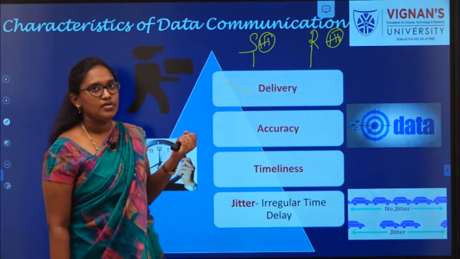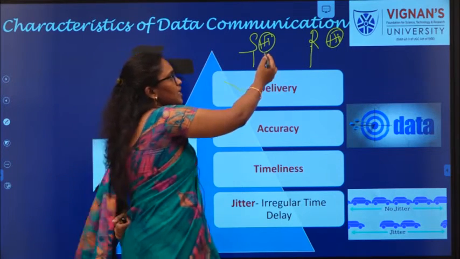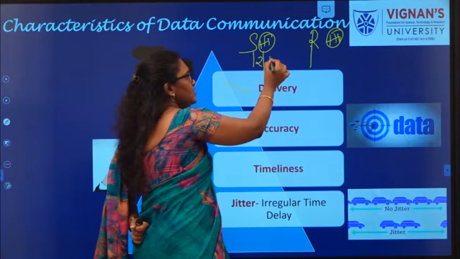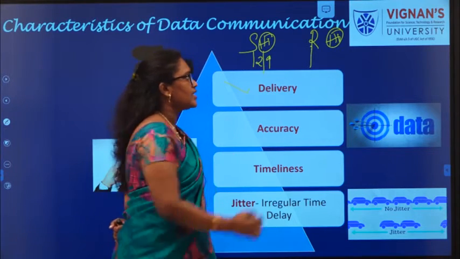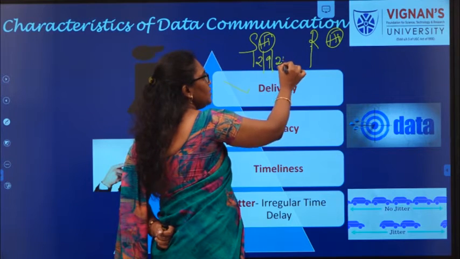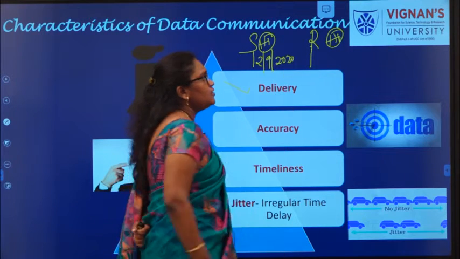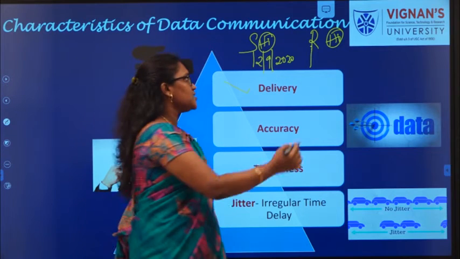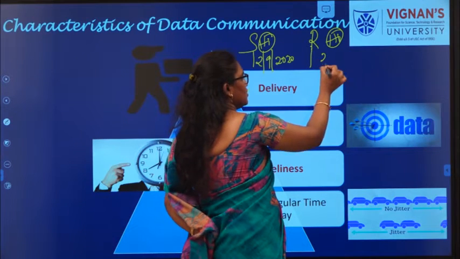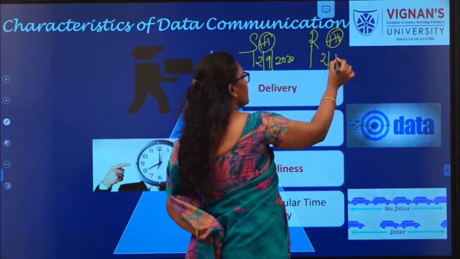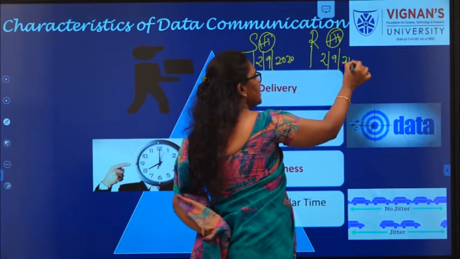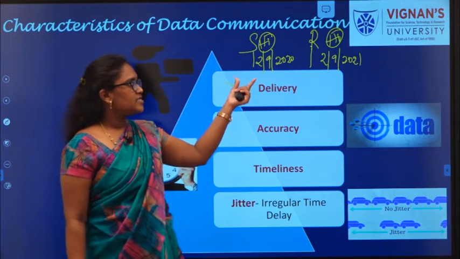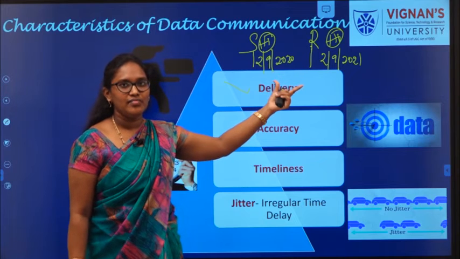If I send the hi message on 2nd September 2020, and the receiver receives the hi message in 2021, obviously it is taking a one year time lag, right?